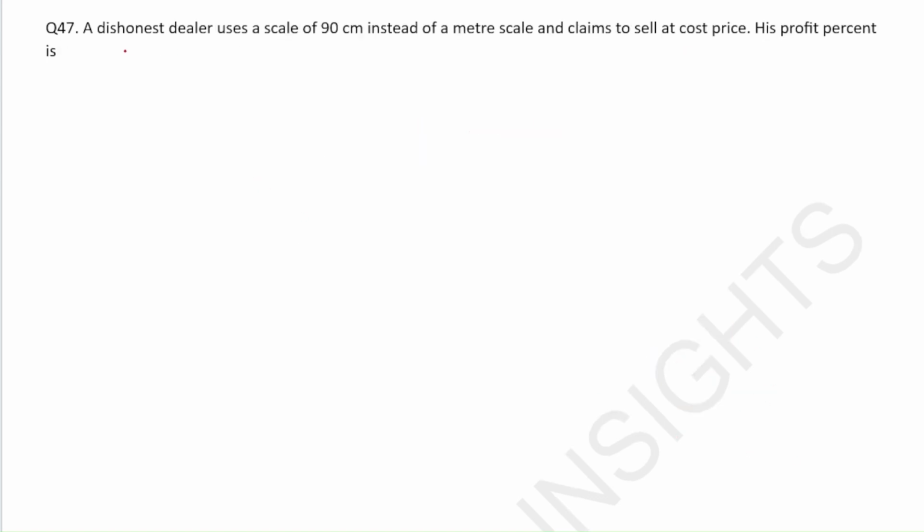You try to do this question by yourself by pausing this video and then you check the solution. A dishonest dealer uses a scale of 90 centimeter instead of a meter. So we know that in 1 meter there is 100 centimeter, right? And claims to sell at the cost price. His profit percent is, so that means the actual value is how much? 100, and then he's selling only 90 centimeter, right?